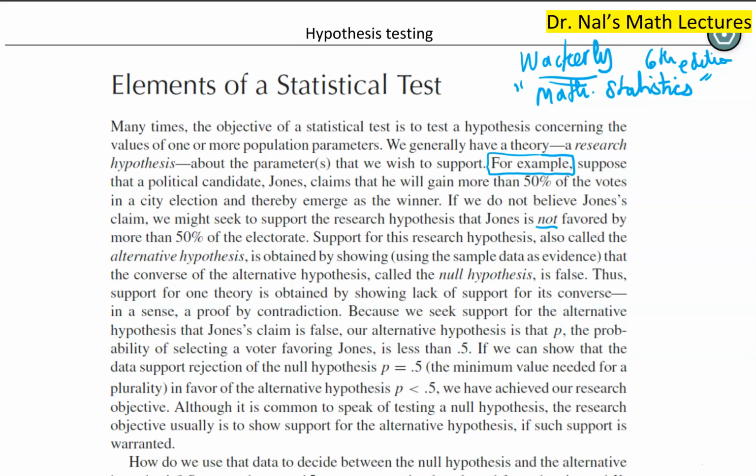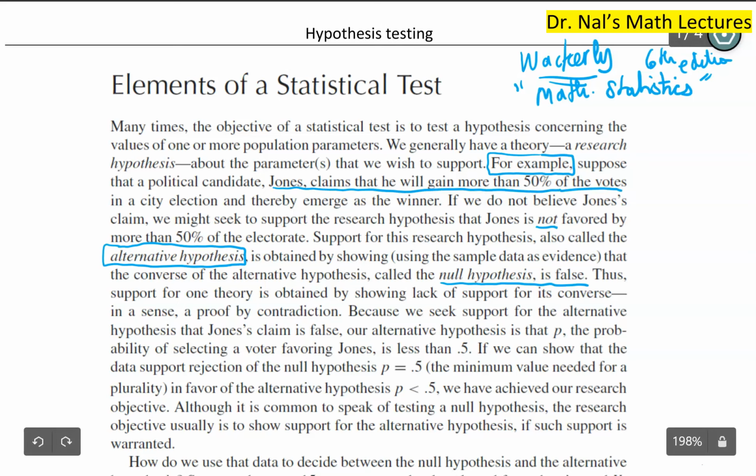Support for this research hypothesis, also called the alternative hypothesis, is obtained by showing that the converse of the alternative hypothesis, called the null hypothesis, is false. So we need to prove to the rest of the world that the null hypothesis, namely Jones's claim that he will gain more than 50% of the votes, is false.